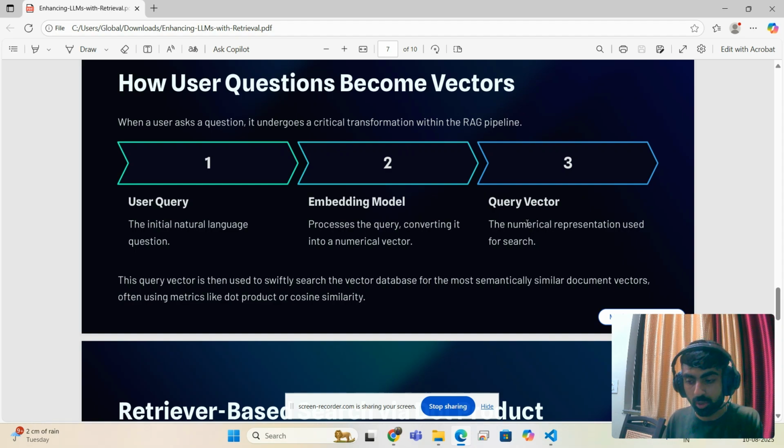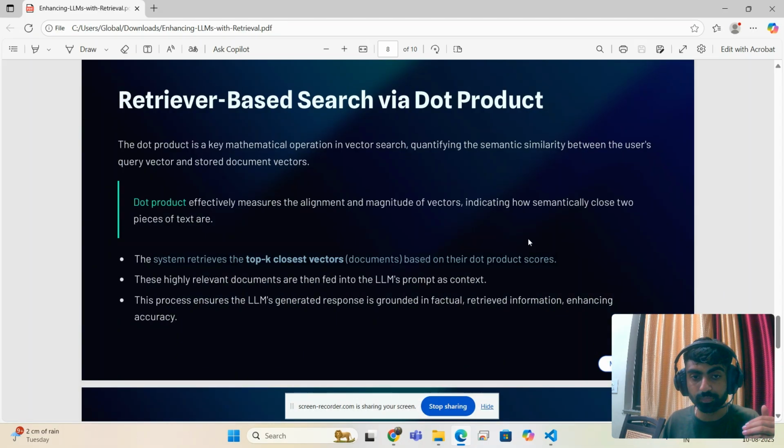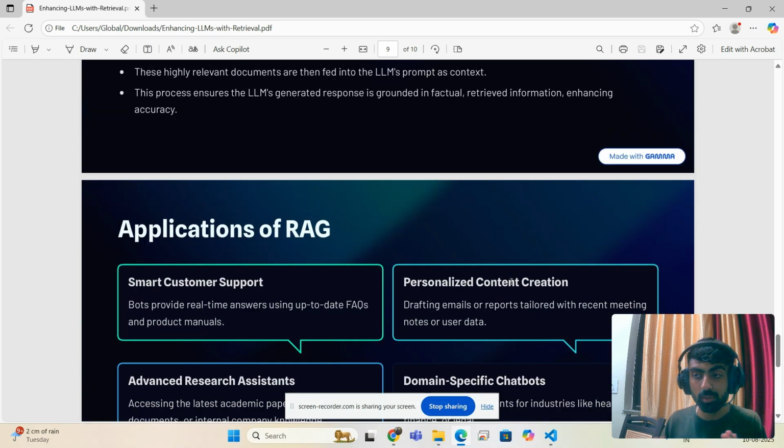We convert those into text form. Now we have two things: first is the question and second is the relevant docs. The relevant docs are sorted in such a way that the document which is most similar and relevant to the question is first, then second, third, and so on. Then we send this question along with the relevant docs to the LLM and we get our expected response.